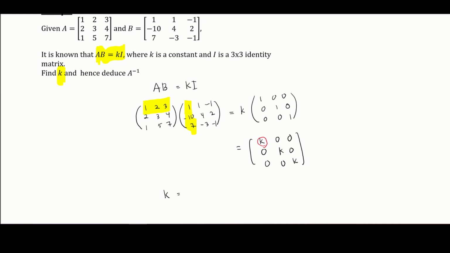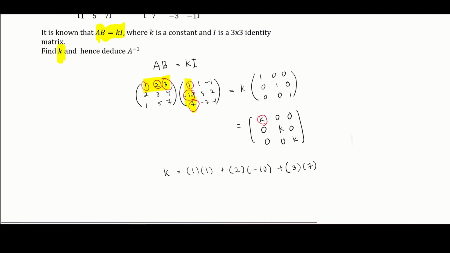So how to multiply this? The first one is 1 times 1 here. So we have 1 times 1, plus the second one is 2 times negative 10, plus the last element is 3 times 7.